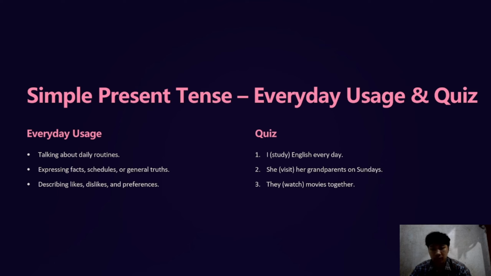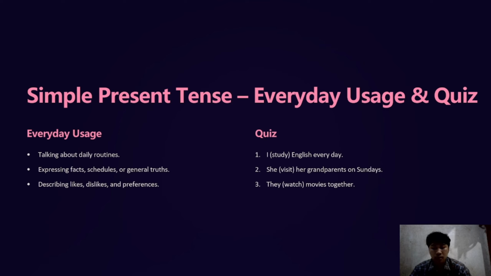This makes it easy to describe what we regularly do in our lives. We also use it for expressing facts or general truths that remain constant, such as the Earth orbits the Sun, or humans need oxygen to survive.